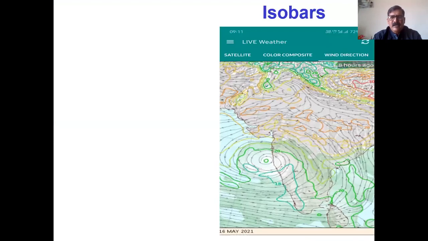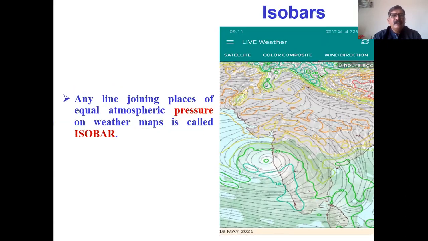Then what is meant by isobars? Before that, you have seen this is a meteorological graph. You are able to see this is the map of geographical India.